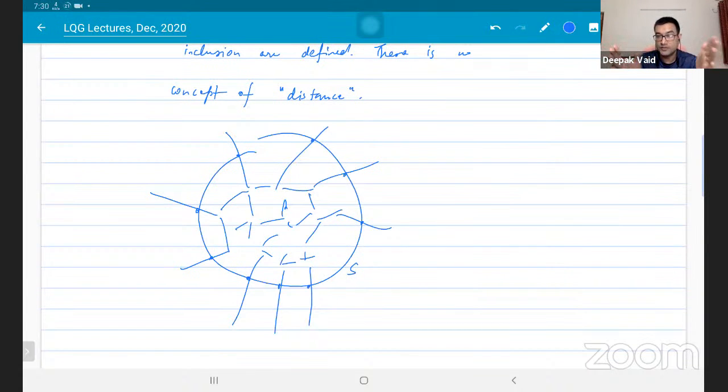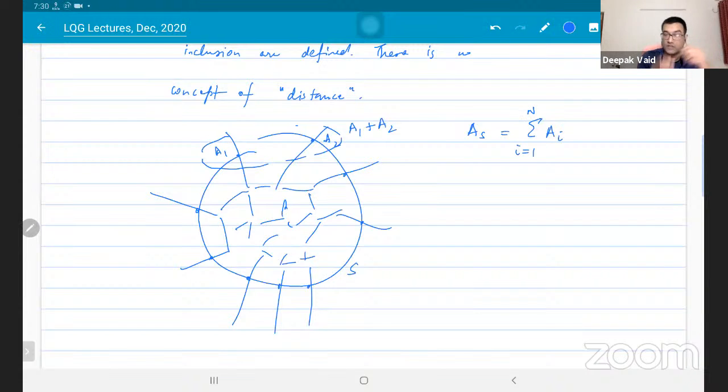The area eigenvalues just add, right? So if you have an area A1 here and an area A2 here, then the area of the whole surface is A1 plus A2. You don't have to worry about any interference, so to speak. So in that case, the area of the whole horizon can be written as a sum of the areas of all the punctures taken individually.